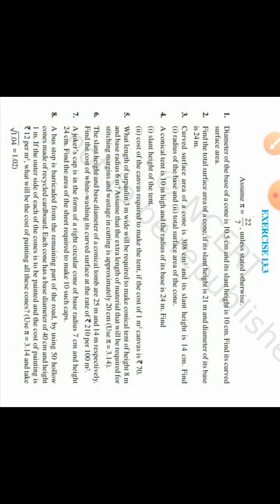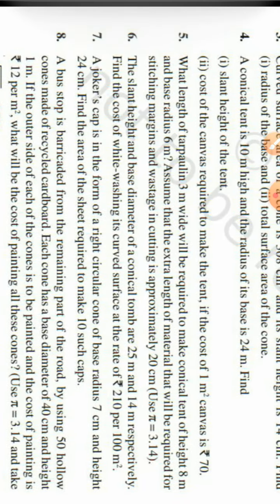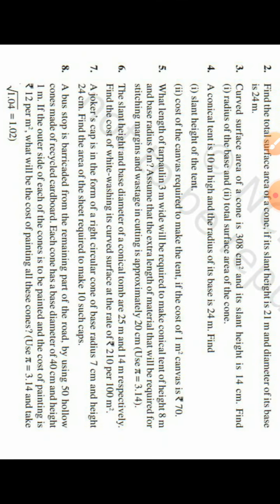Now for number 6. Slant height given, diameter given. So slant height L 25, D 14 means R 7. Find the cost of whitewashing the curved surface area at the rate of 210 per 100 meter square. Here one thing is new.